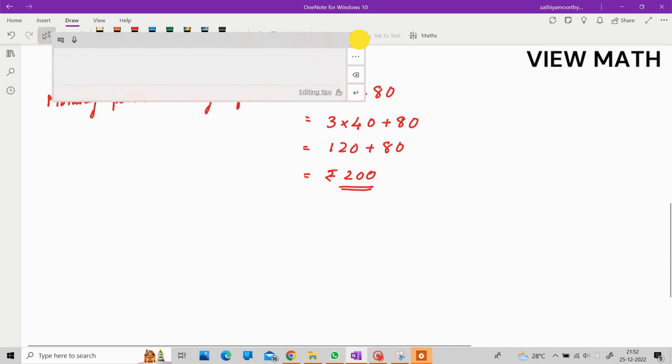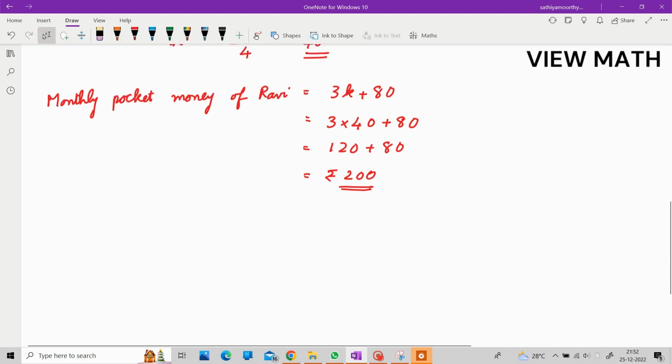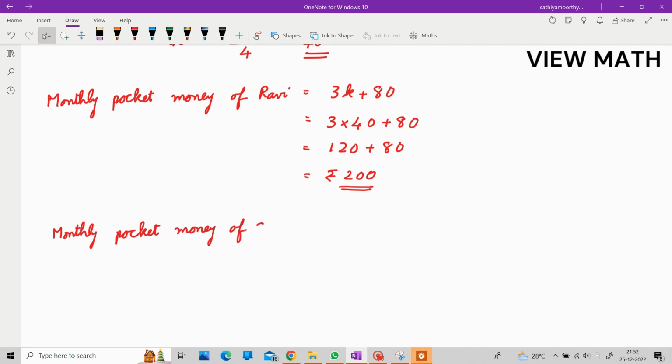Now let me find out the monthly pocket money of Sanjeev. Monthly pocket money of Sanjeev is equal to 5k plus 80.